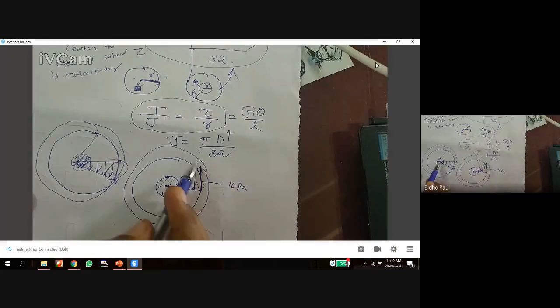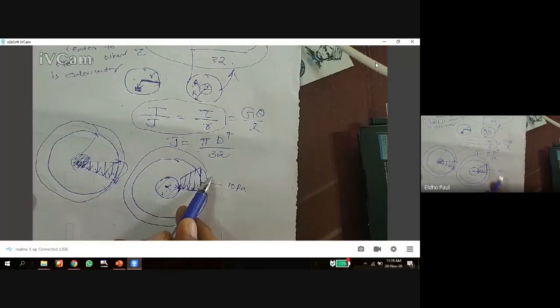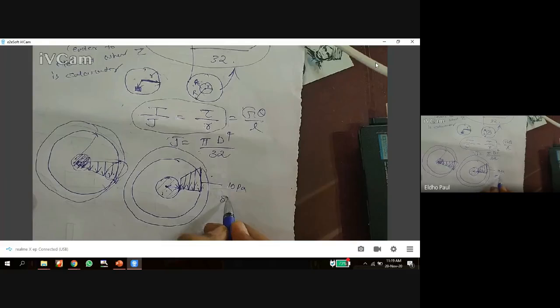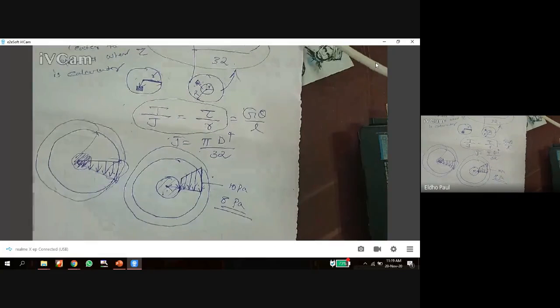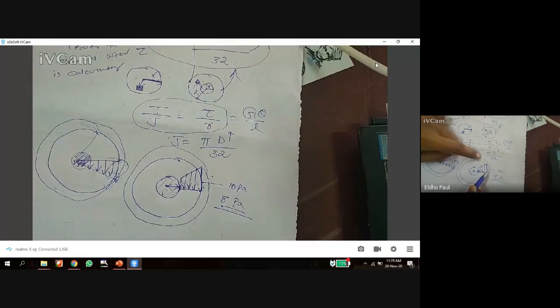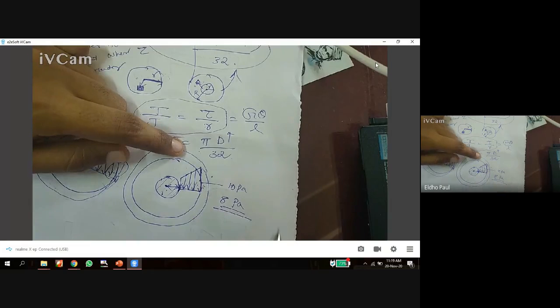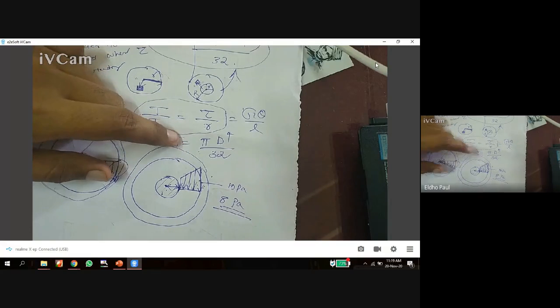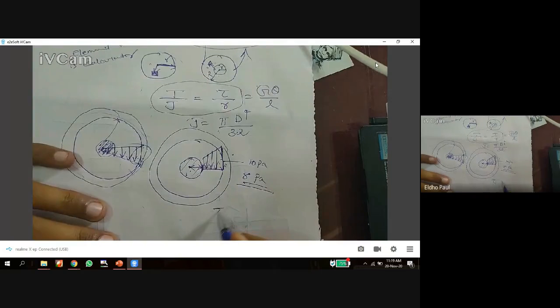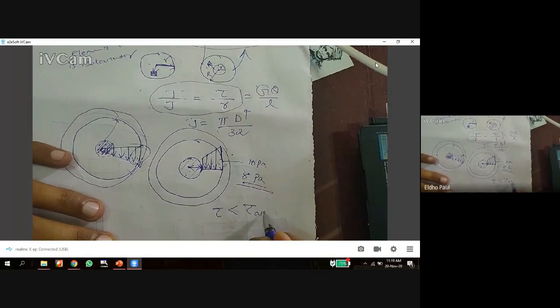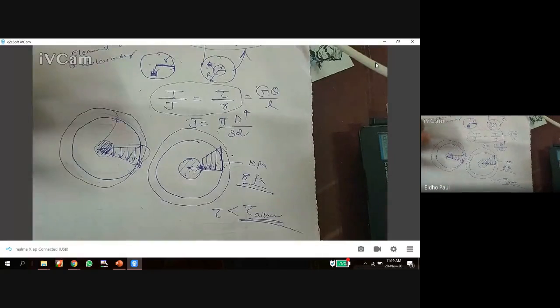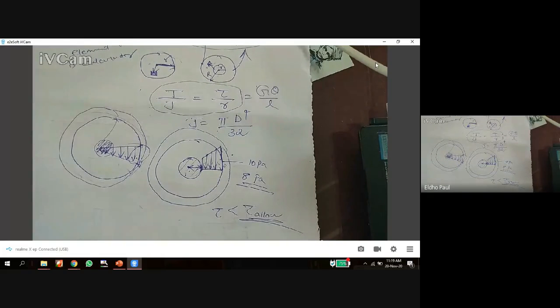By distributing material from the center to the surface, this shear stress value may reduce from 10 to 8, because more material is available to resist the shear stress. So the shear stress developed may be less than the allowable shear stress, and the strength can increase. So hollow shaft is better than solid shaft by this distribution.